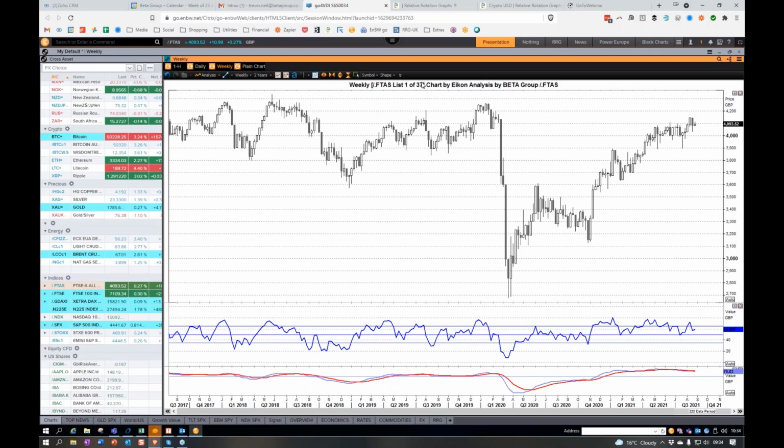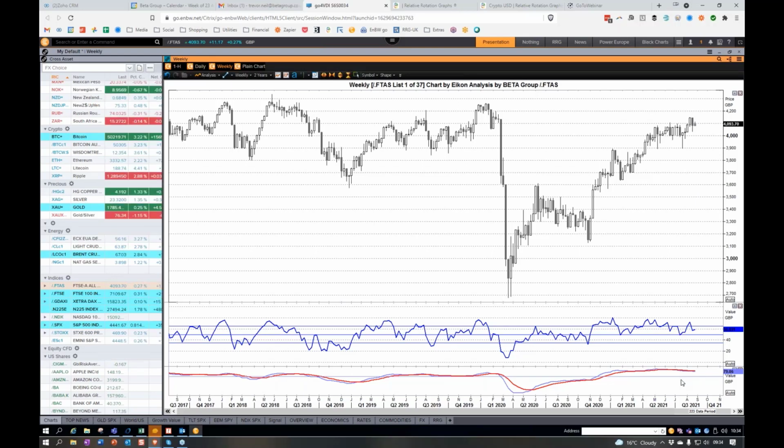Once again, we've punched right into this area of massive resistance, which goes from 3,700 to 4,000, 4,000 and come on, 4,300, let's say, that big area there. We punched into it, it's lost momentum, with lower highs in here.